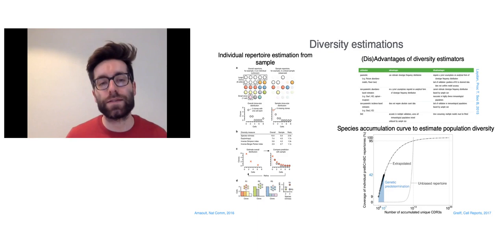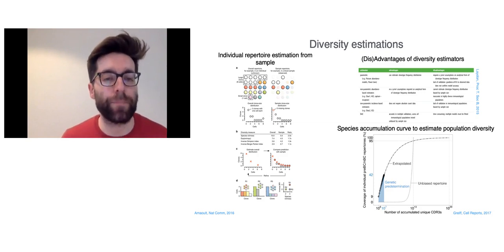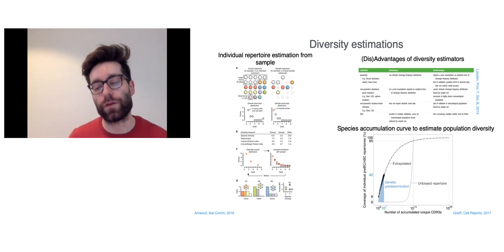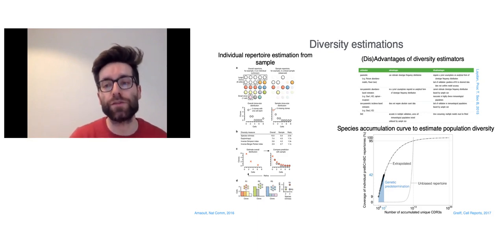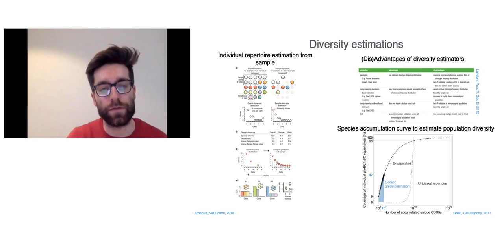All I can say is that I think also here the field is underdeveloped and it would be nice to see some more papers on that to really benchmark different estimators, given also current sequencing depths and clonal diversities. But that should get you started, some of these citations here.